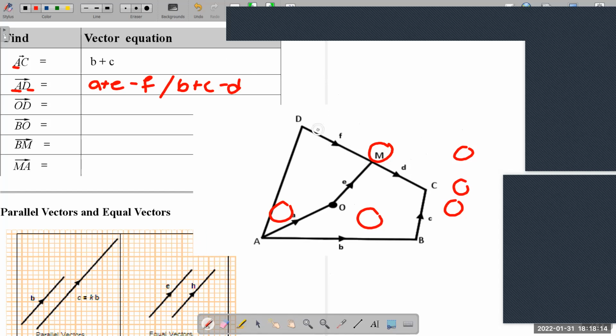So we need to go in the opposite direction, which means minus F. And that's it. That's how you write the vector equation. Everybody with me?